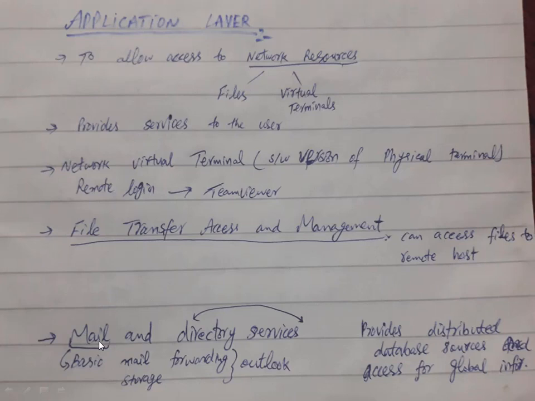The application layer also deals with mailing and directory services. Mailing is handled by basic mail storage and forwarding of mail. An example of this mailing service would be Outlook.